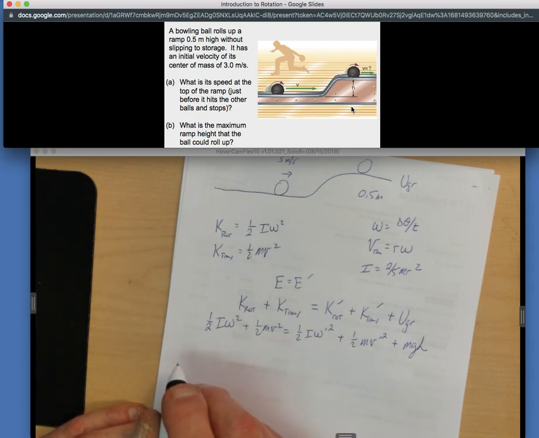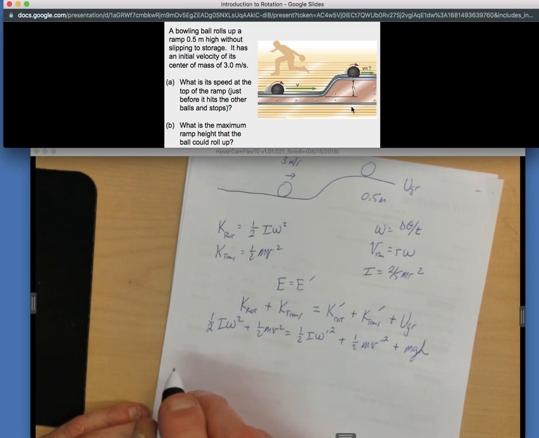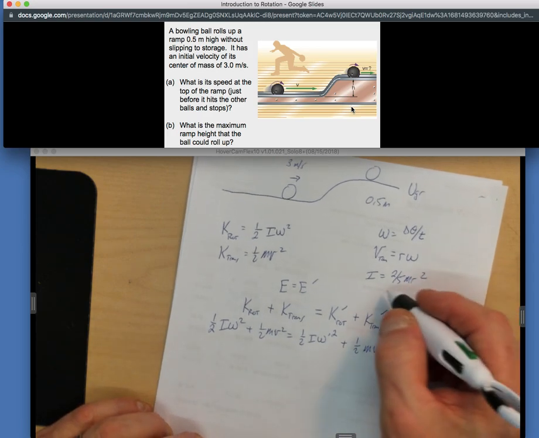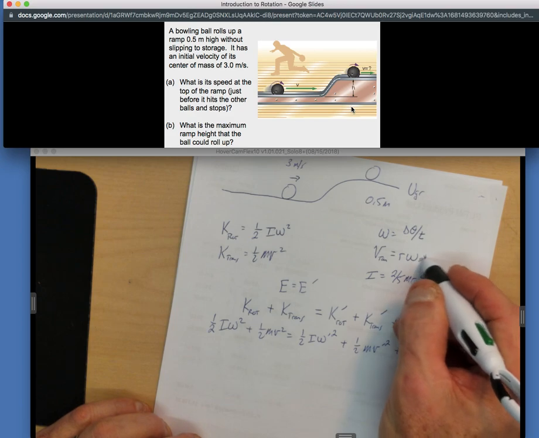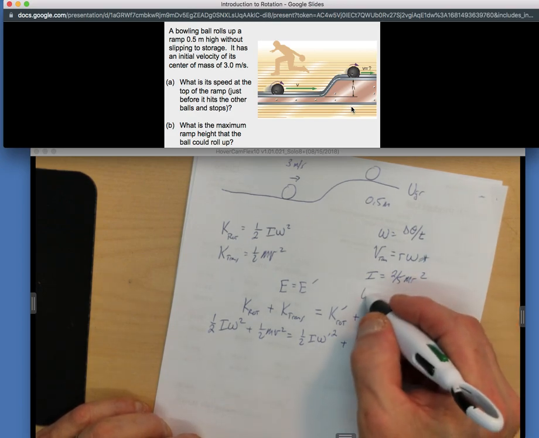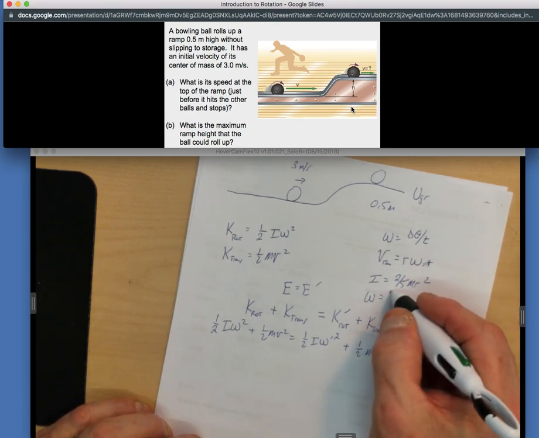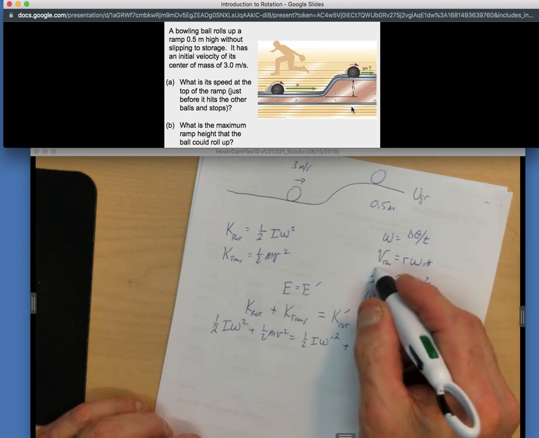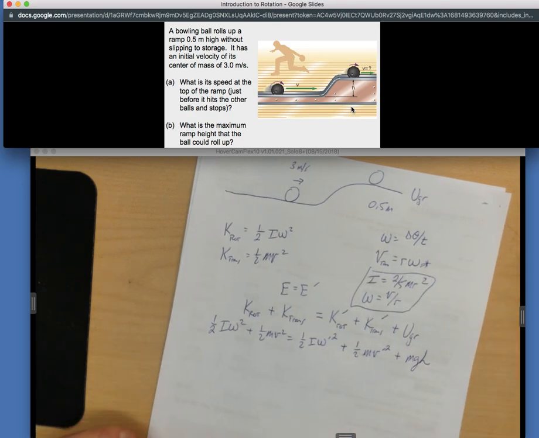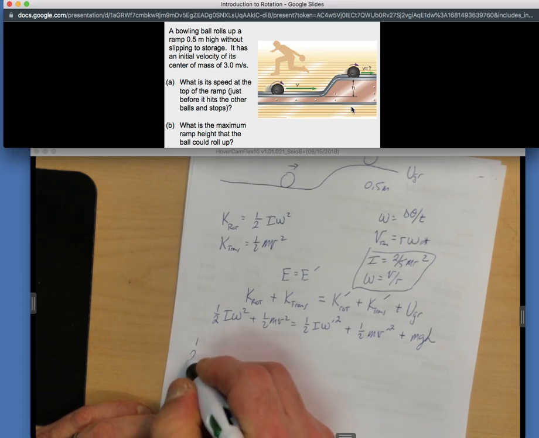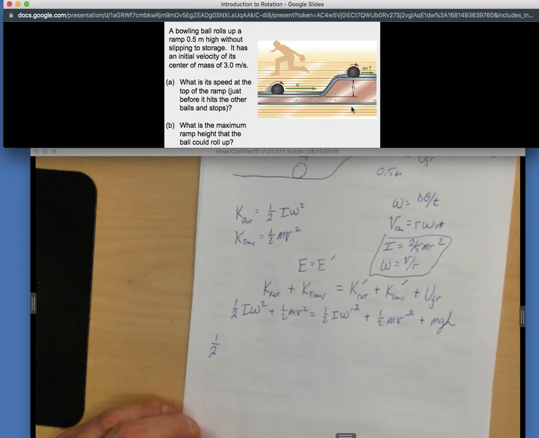And where we see omega, let's put V over R. Omega is velocity over radius. So let's substitute these two into our equation, where we're going to get 1/2 I omega squared.